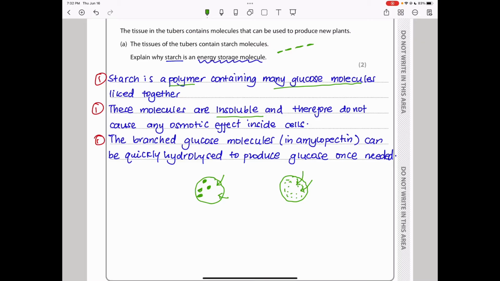So for plant cells, it could be increasing in size and becoming bigger, and therefore starch, if it was soluble, wouldn't be a good storage molecule. But in our case, starch is insoluble, so it will not dissolve, and then it will not lead to osmotic effect inside the plant cell.